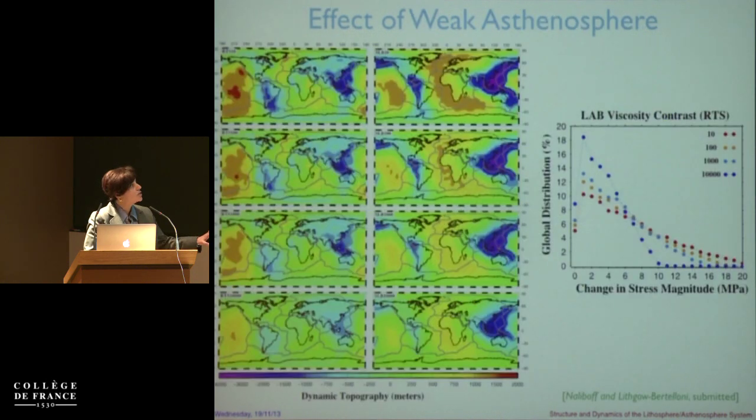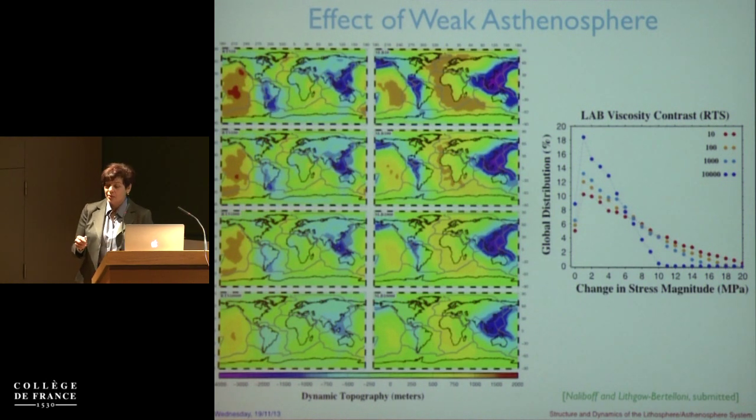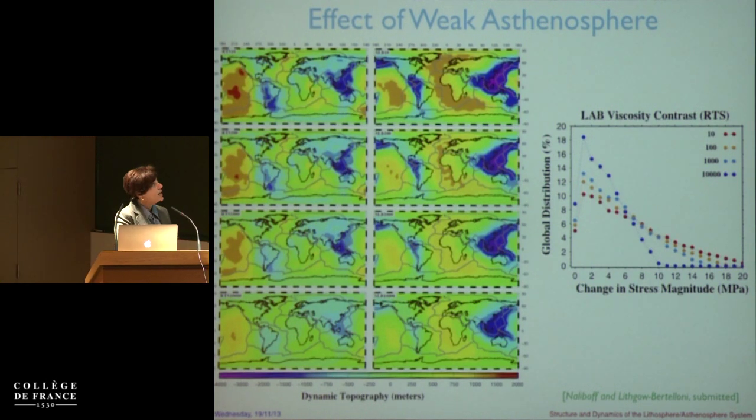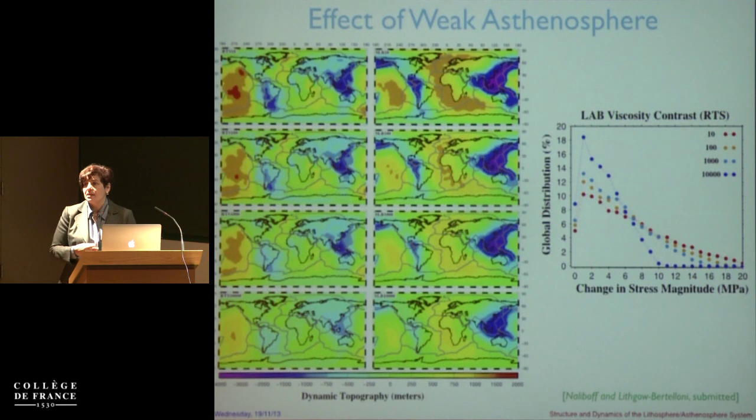Now, this is for the horizontal part, but this is also true in the vertical part, and this is my last slide. And this is my last pointer, the take-home message, that in fact, radially changing the viscosity of that asthenosphere, making it a lot weaker, from 10 times to 10,000 times, 4 orders of magnitude, actually has very little effect on the transmission of that stress, right?